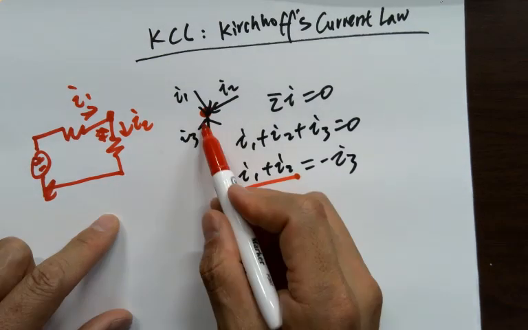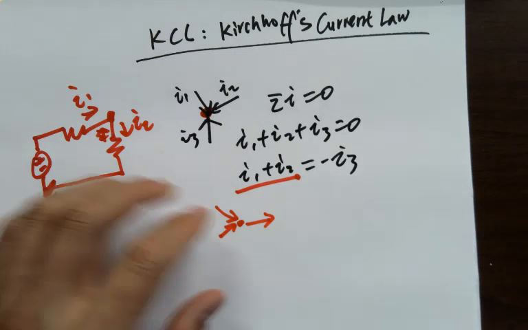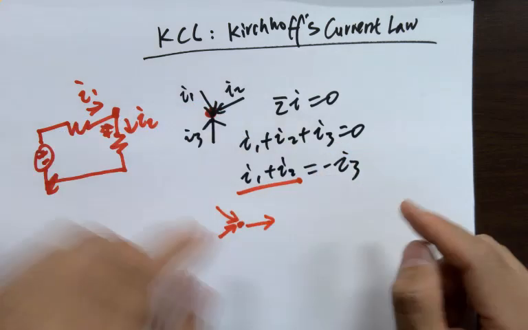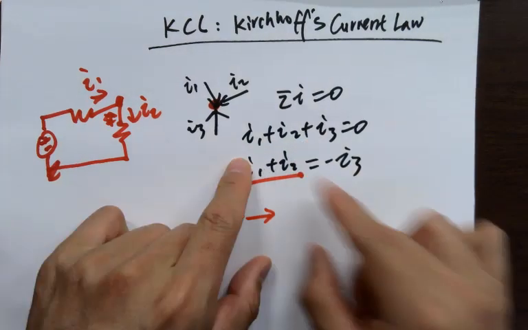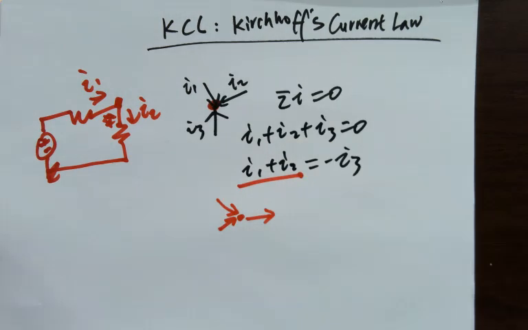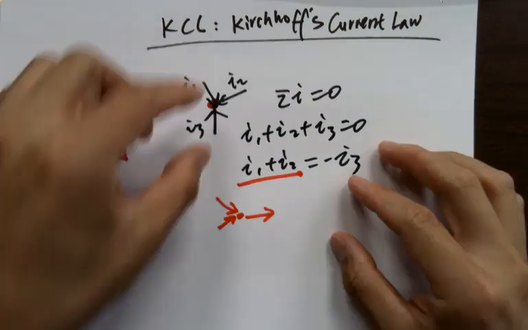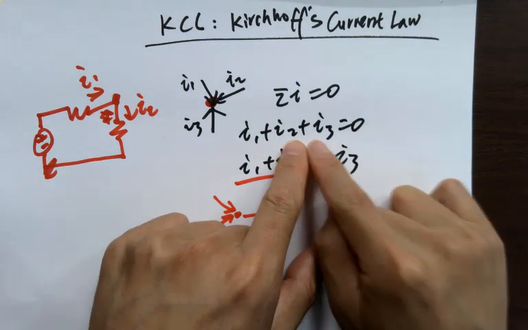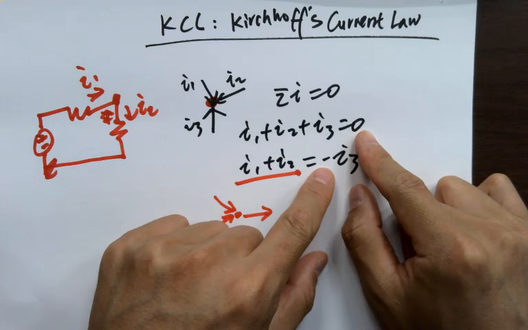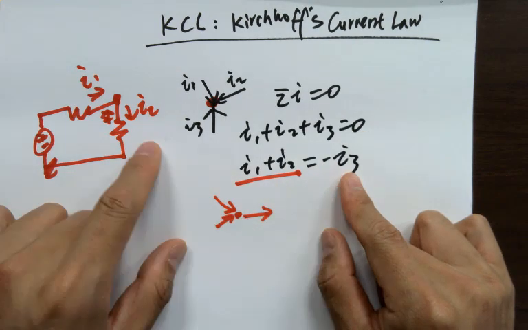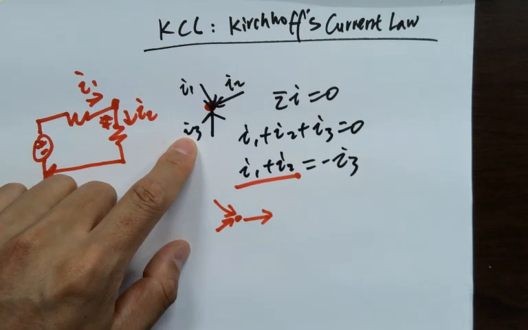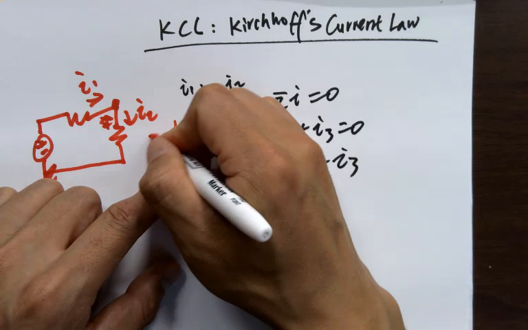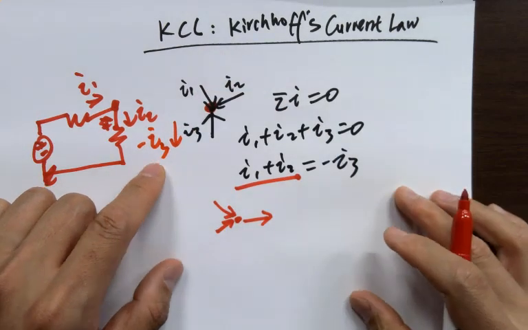So if you do the calculation so that they all flow into the node, using positive currents, you add them together like I1, I2, I3 flowing into the node. Then the summation is 0 because if you move I3 to the other side of the equation, it becomes a negative current. So I3 flowing in is the same as negative I3 flowing out, right?